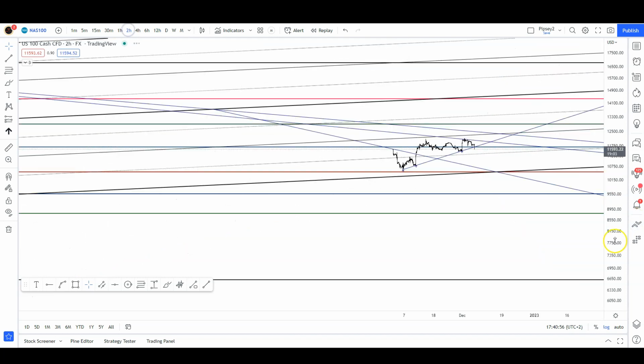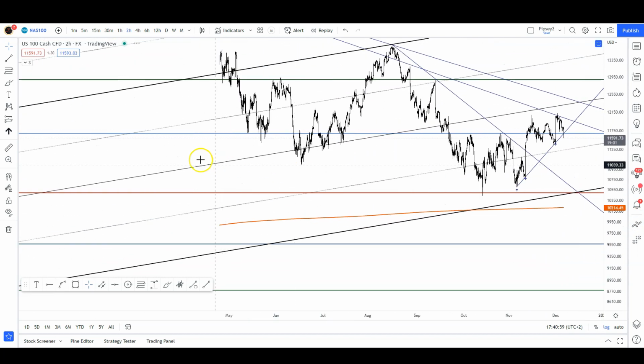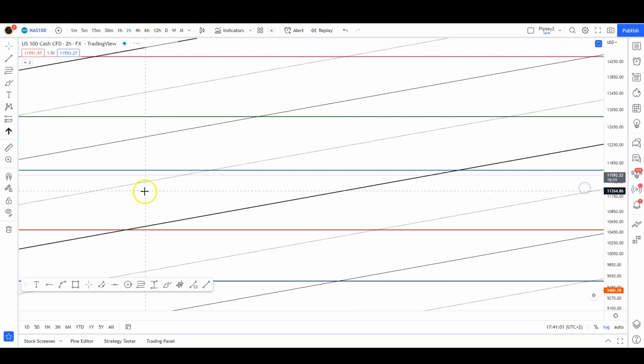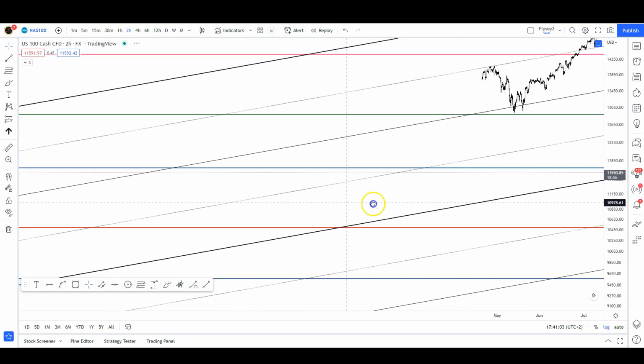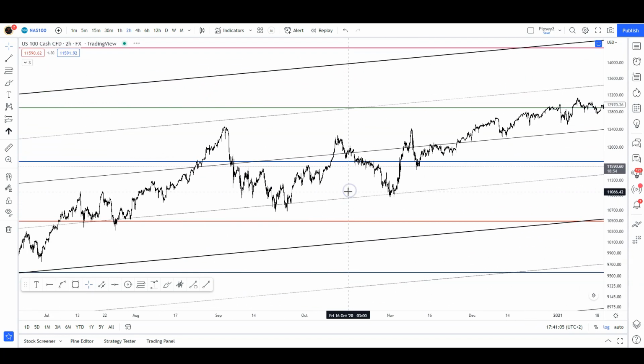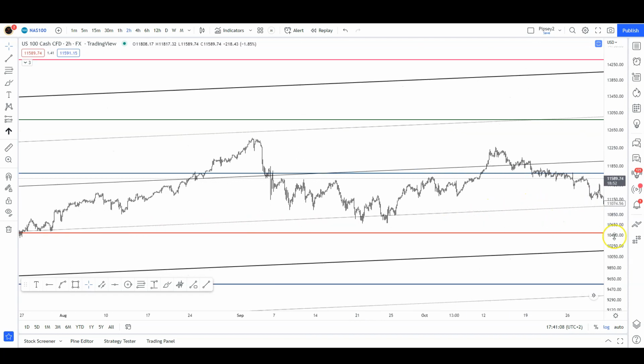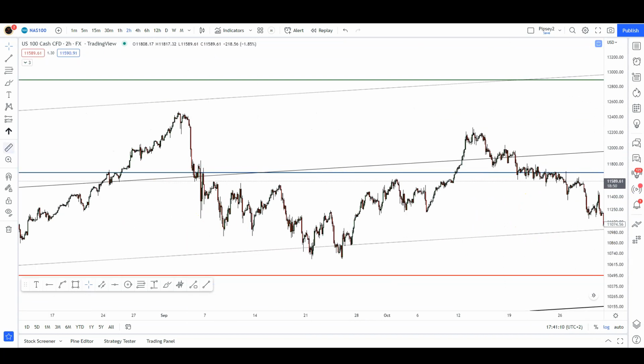Let's go back to the smaller time frame, and I want to go back to, come on, don't take so long to load. And I just want to find how strong this level kept as support, resistance.